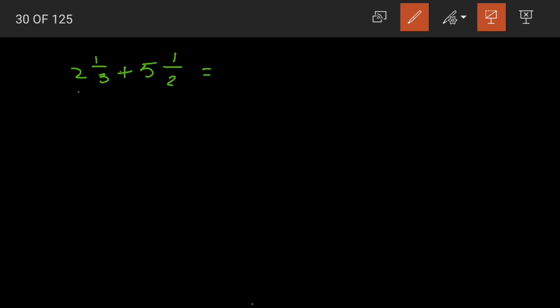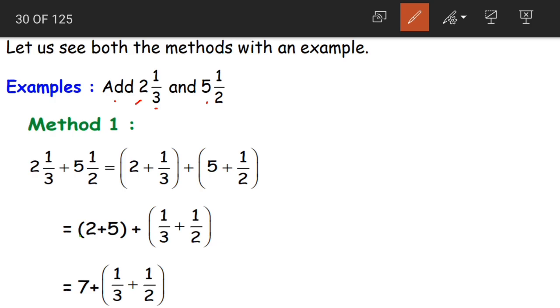Now one way to add them: we have whole number parts, right, children? We can add the whole number parts together. 2 1 by 3 is nothing but 2 plus 1 by 3. 5 1 by 2 is nothing but 5 plus 1 by 2. What is 2 1 by 3 if we represent it in the form of a diagram?